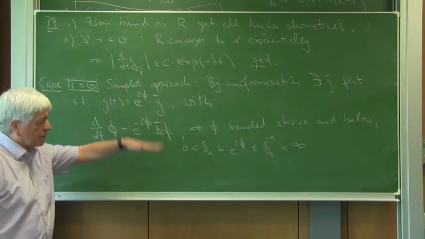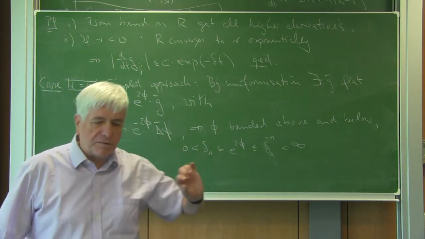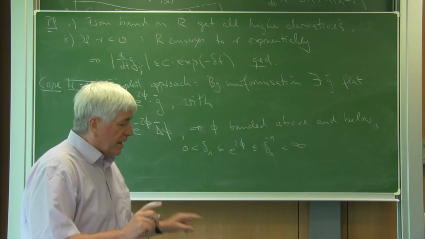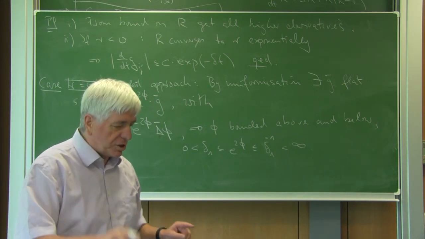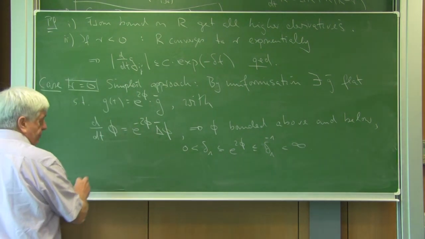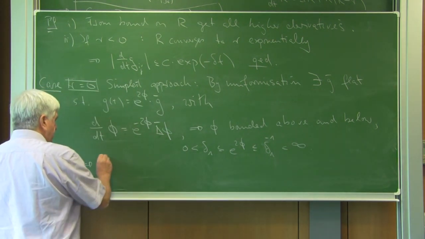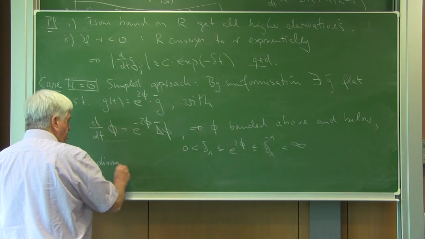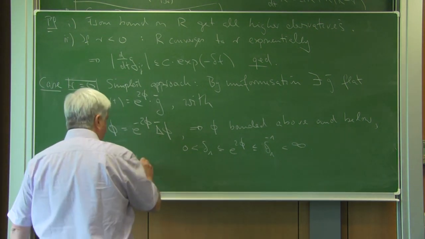But if the conformal factor is bounded between two positive constants, it means all the distances, injectivity radius, volume, diameter, Sobolev constants, Poincaré constant, everything is bounded above and below.